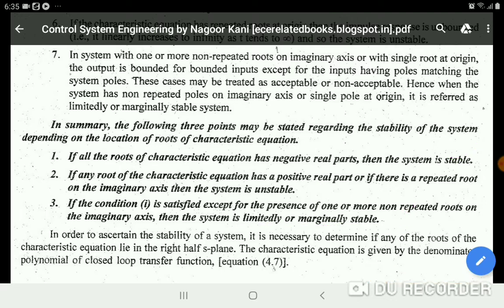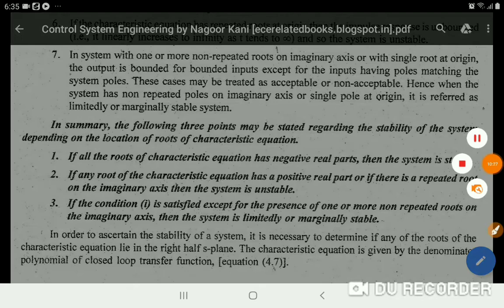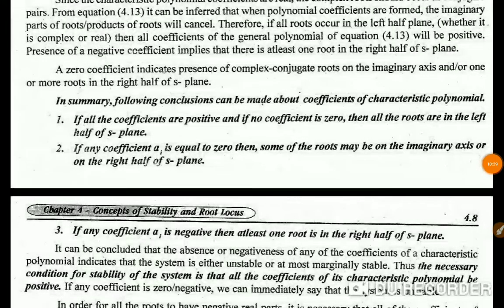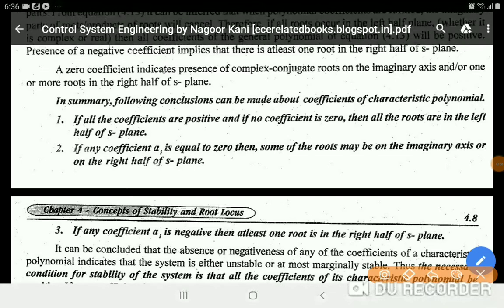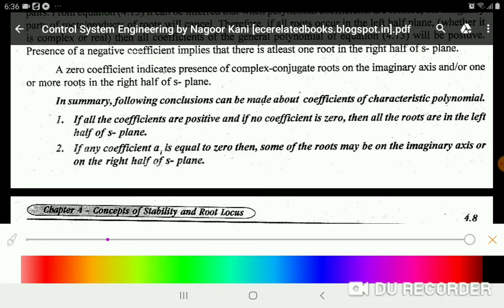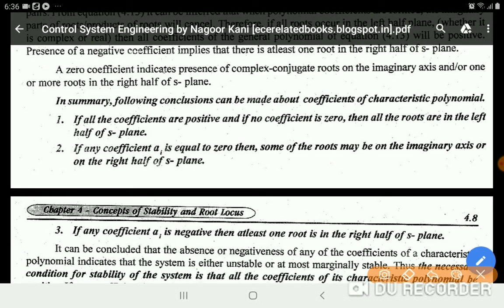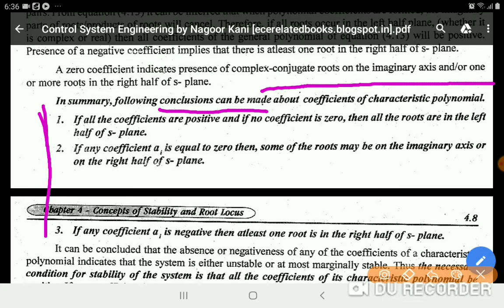Then freeze your focus towards the introduction. Then with the summary, the conclusions can be made about the coefficients of the characteristic equation. There are three possibilities to refer.